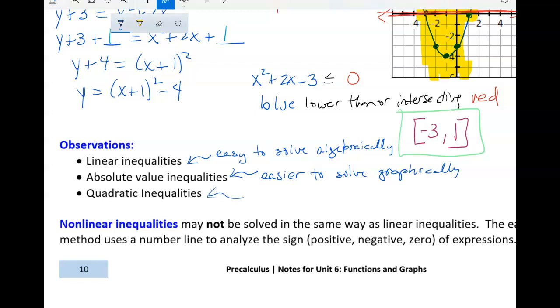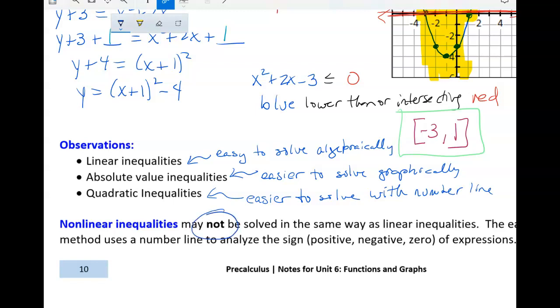And quadratic inequalities, the graphical method was not too bad, wasn't super easy either. So we're actually going to prefer another method on these. They're going to be easier to solve with a number line. We're going to learn how to utilize the number line in just a moment.